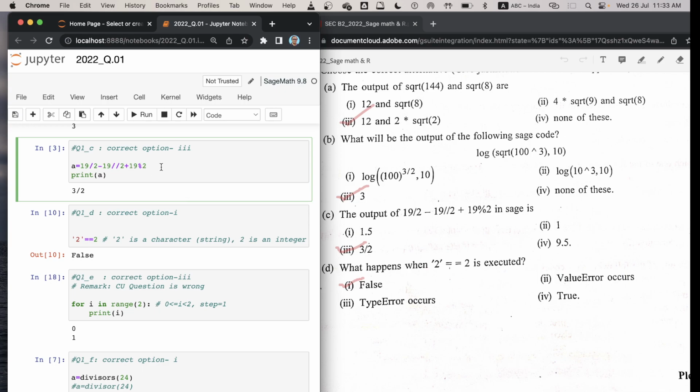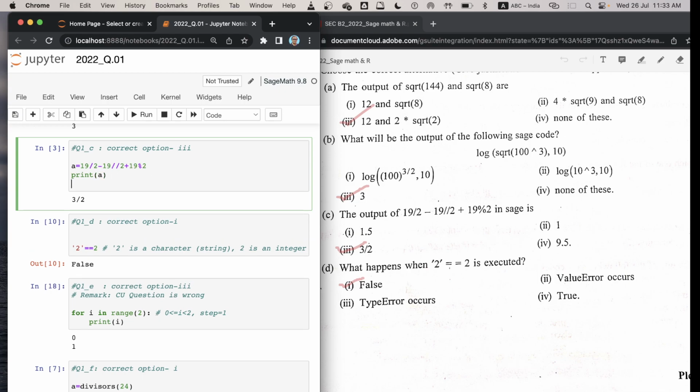Actually, 19 by 2 minus 19 double slash 2: 2 nines are 18, so 9 is the quotient. When 19 is divided by 2, the quotient is 9, plus 19 modulo division 2 gives the remainder.